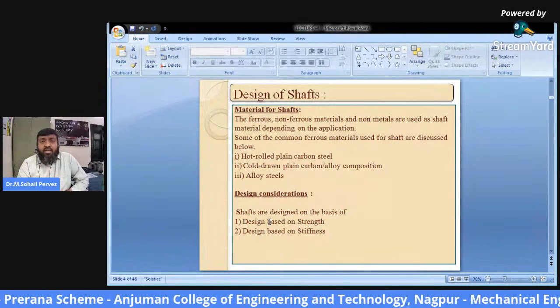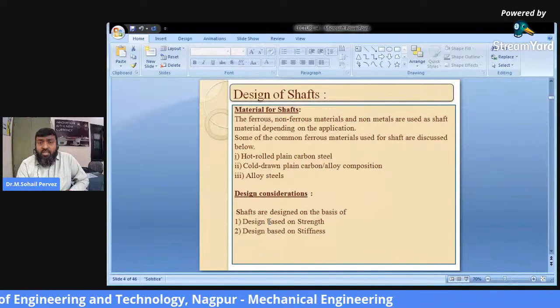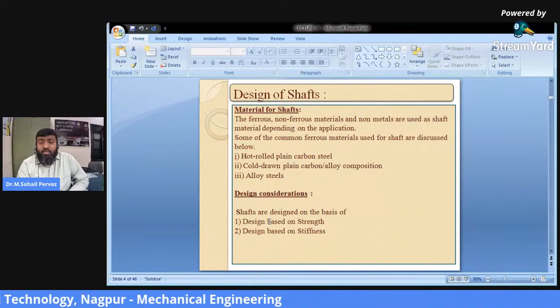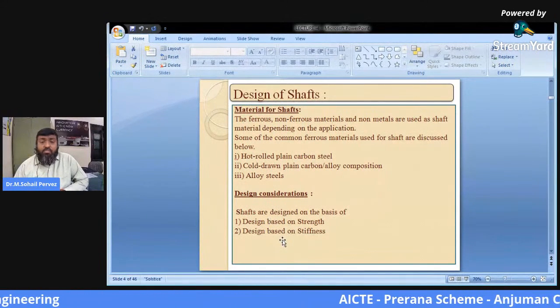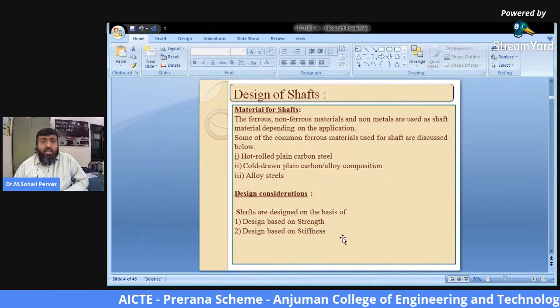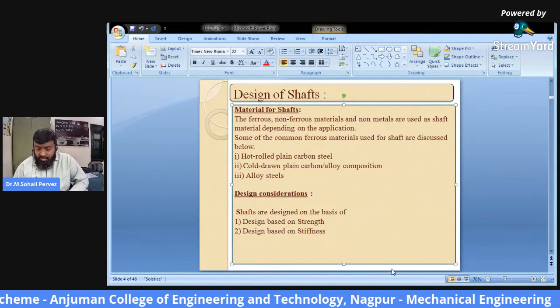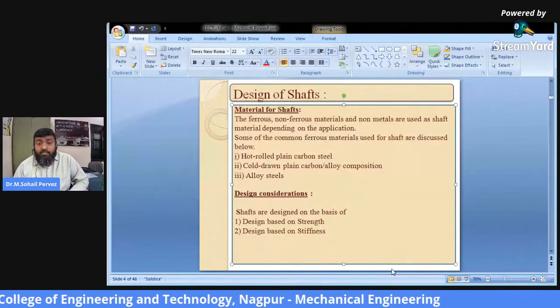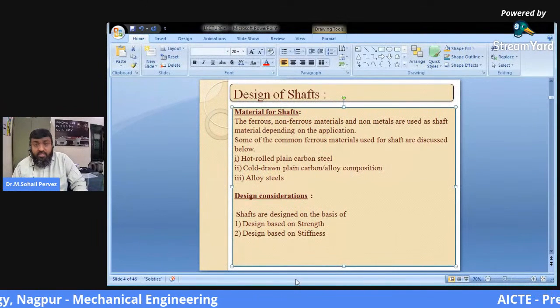You may take the example of the propeller shaft of a marine vessel or a large ship. Hence we have classified the design consideration based on strength and stiffness, or, to be more precise, the generally used term is rigidity. We'll come to the rigidity part.